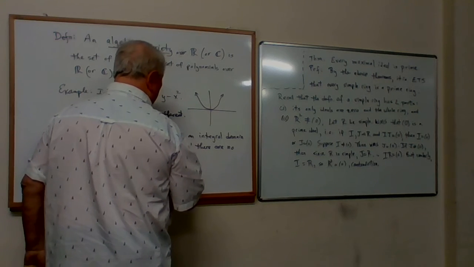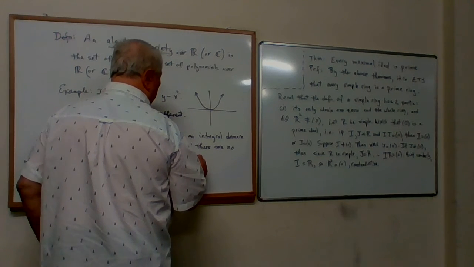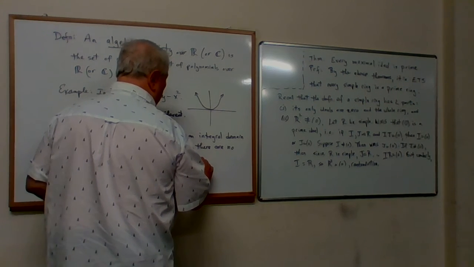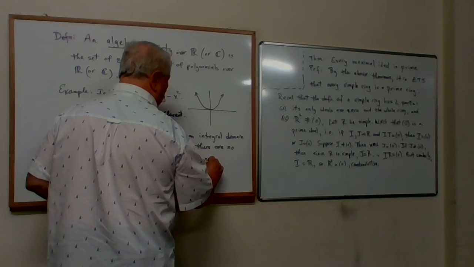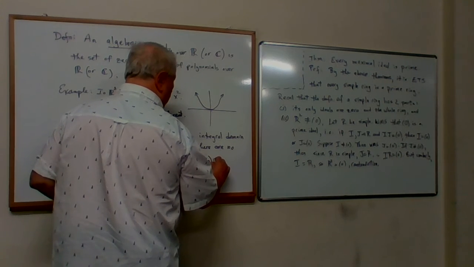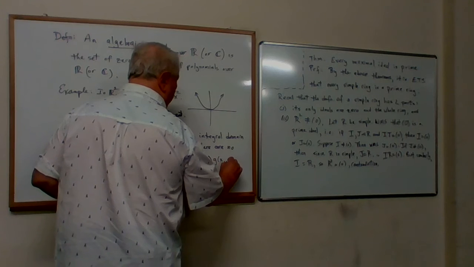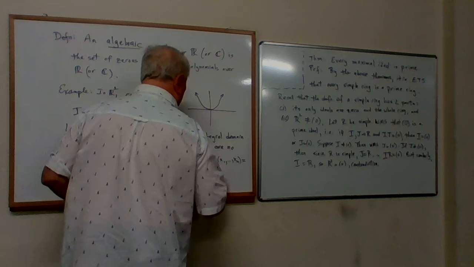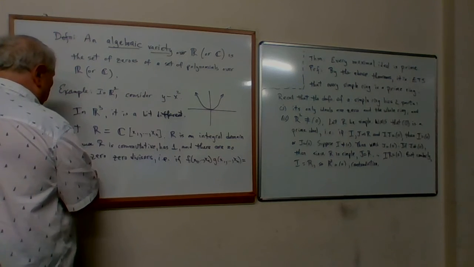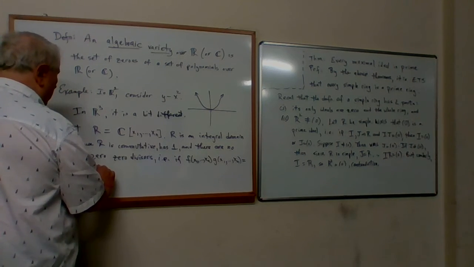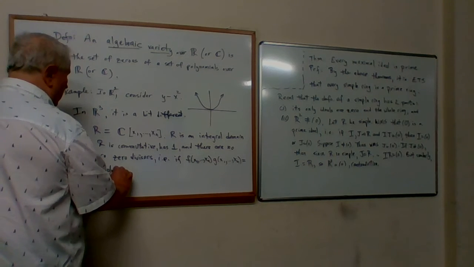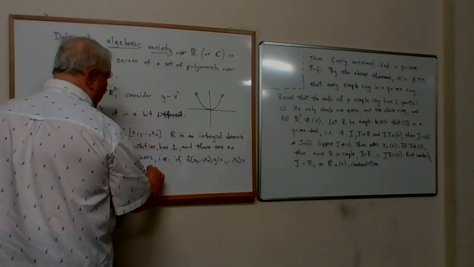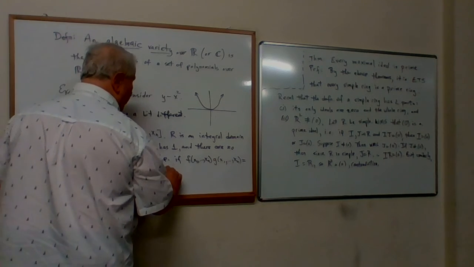So if f of x1 through xn times g of x1 through xn equals the zero polynomial, then either f or g is the zero polynomial.